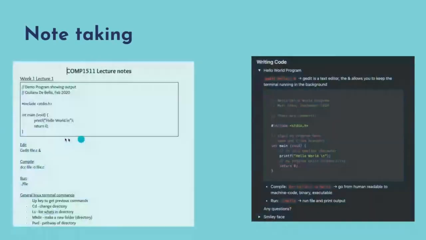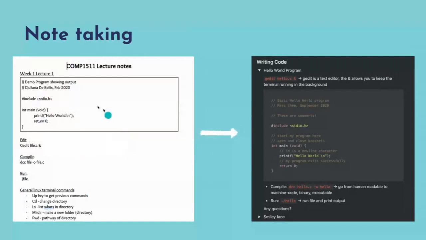So I'll just show you. This is what my notes looked like on the left when I did 1511. This is my very first lecture that I attended. I tried to think, okay, well, I used Google Docs in high school and for some of my theory subjects, so what I could do is just use Google Docs again, right? What would be the harm in that?